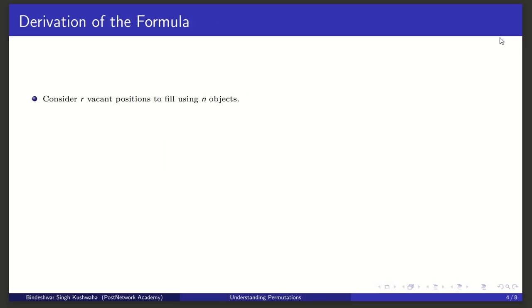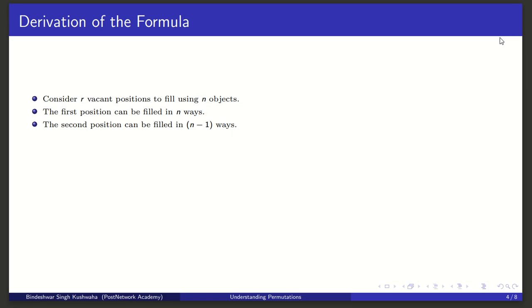So let us derive the formula. Consider r vacant positions to fill using n objects. You can understand it in this way also. The first position can be filled in n ways, the second in n minus 1 ways, the third in n minus 2 ways, the fourth in n minus 3 ways, and so on.